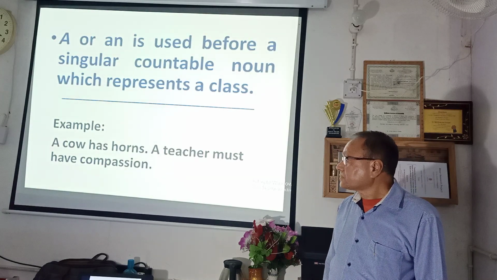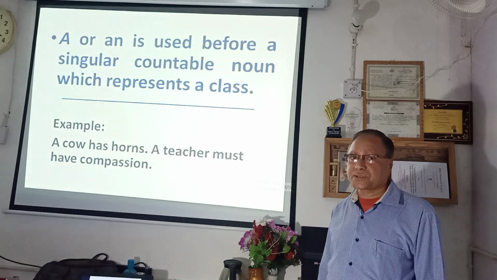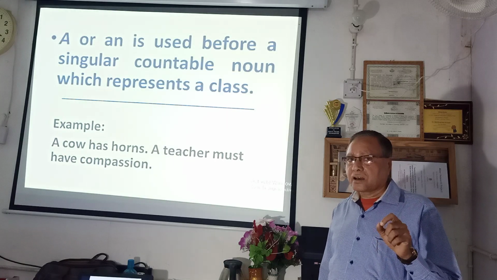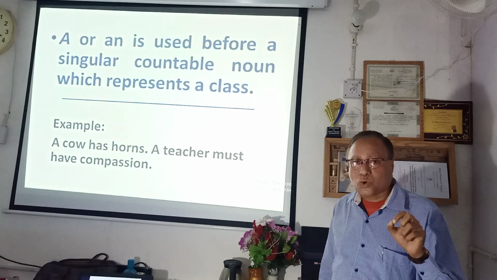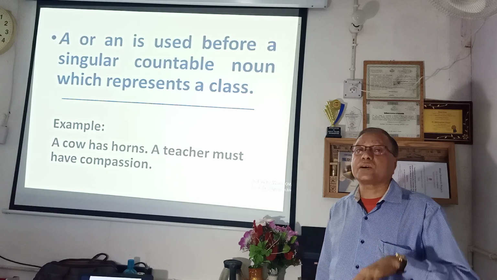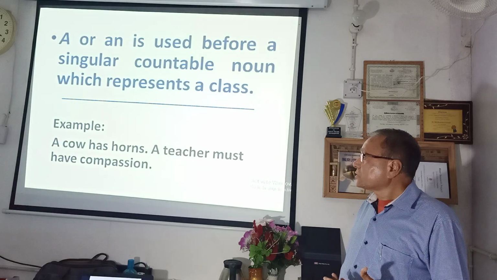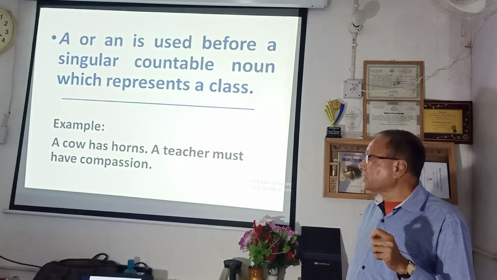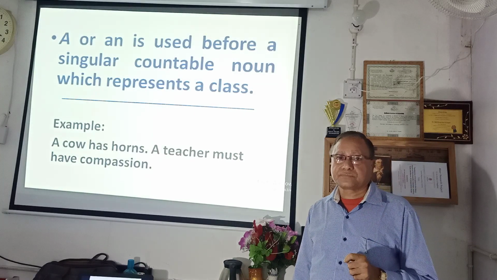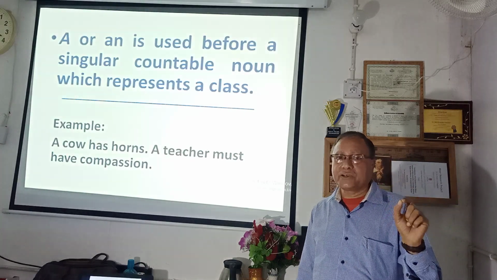Example, a cow has horns. Here we are talking about a cow as a community, as a class, as a whole, I mean. So a cow has horns. A teacher must have compassion. Here the teacher is not one teacher.